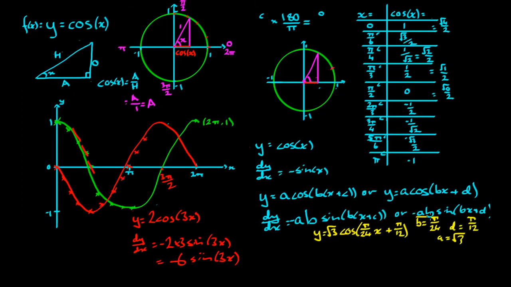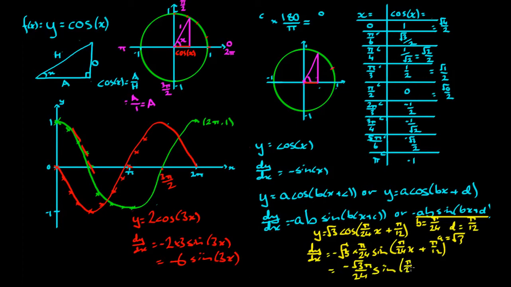So going by the formula to the right there, dy dx equals negative a, which is root 3, times b, which is pi on 24, times sine, and then what's in there just remains the same. So that's negative root 3 on 24 times pi sine of pi on 24 x plus pi on 12.